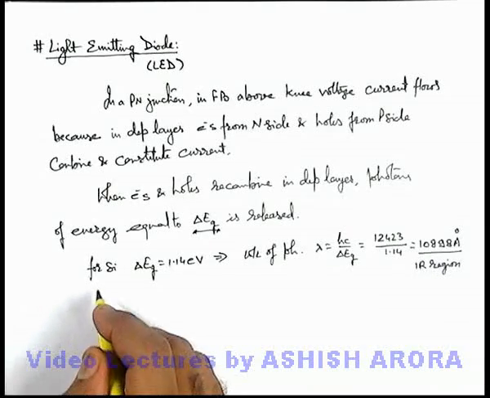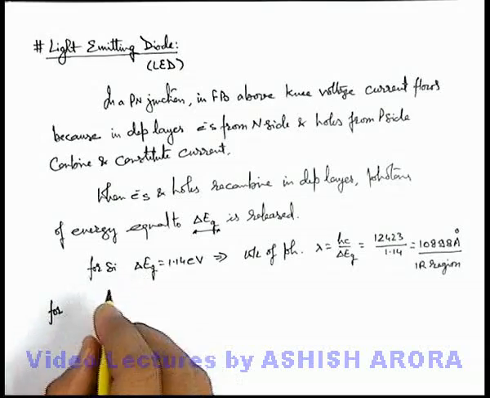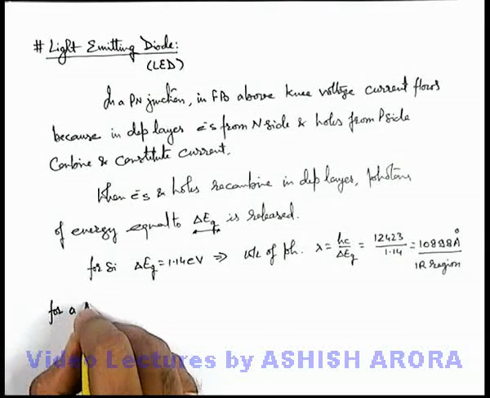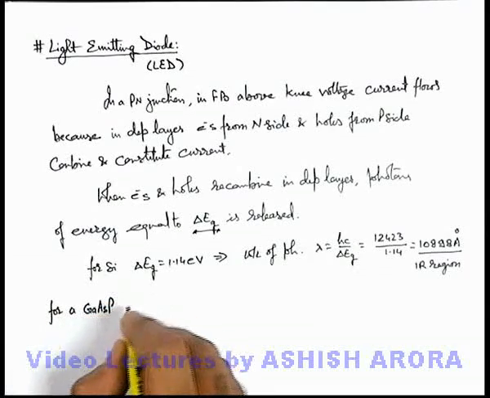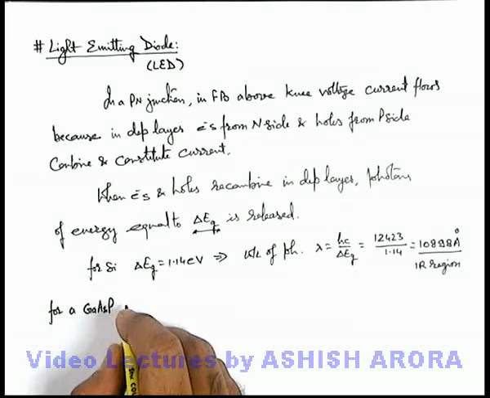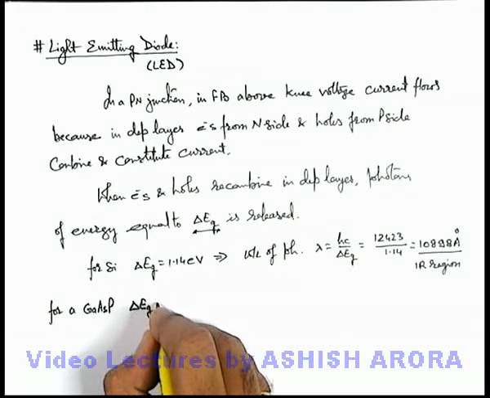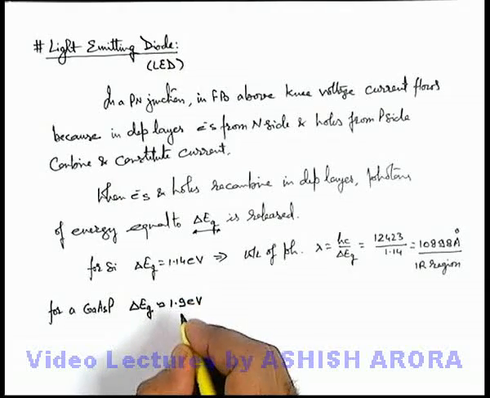But say we talk about a specific semiconductor, which is not in your syllabus but I am taking it just as an example: gallium arsenide phosphide. If we construct a diode from it, then for this particular semiconductor the value of the energy gap is approximately 1.9 electron volt.